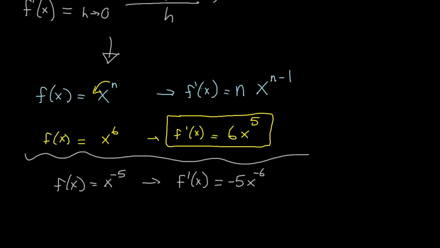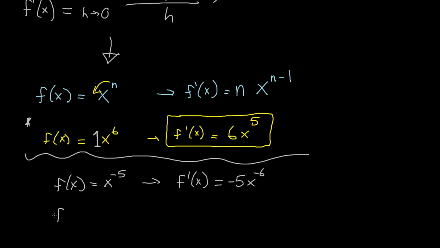One last thing that's really important is that when I say we're pulling down a number, what we're really doing is multiplying it by the constant that's already in front of the x. So in this example right here, we have x to the 6th. There's a 1 here that we don't write just because it would be redundant to write it. So when you pull the 6 down, you're multiplying 6 by 1, which just gets you 6.